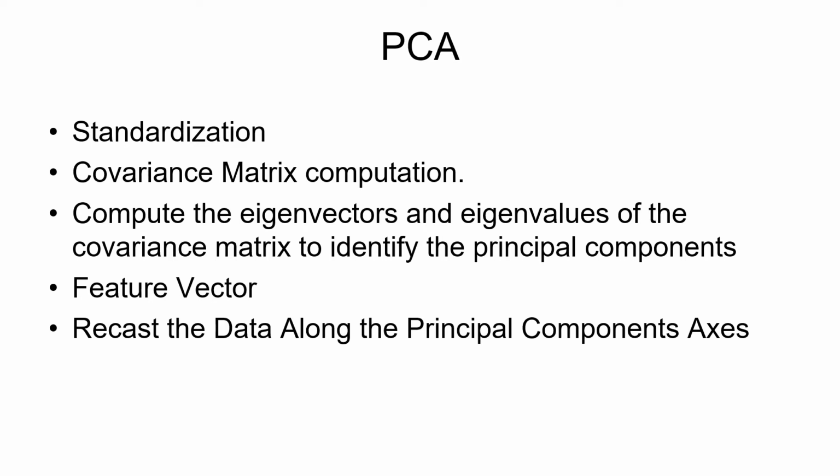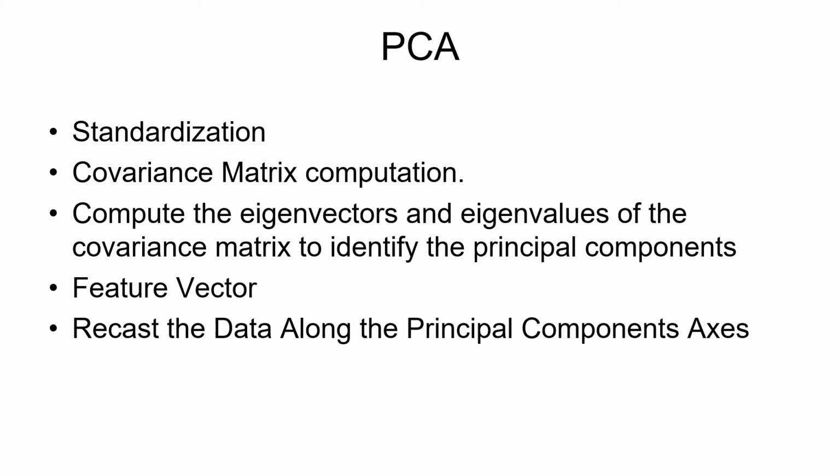The whole process of obtaining principal components from a raw dataset can be simplified in a couple of steps. We take the whole data set, then we compute the mean for every dimension of the whole data set, then we compute the covariance matrix of the whole data set, and we also compute the eigenvectors and the corresponding eigenvalues.